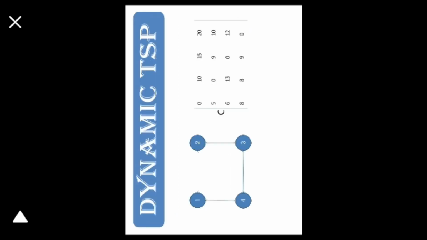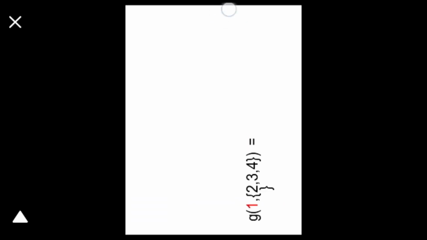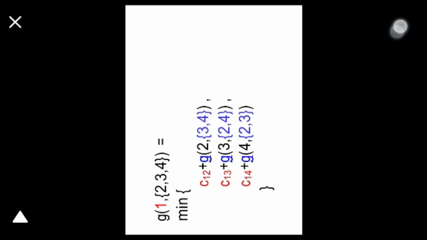So 1 to 2, 2 to 4, 4 to 3 and 3 to 1. If the traveling salesperson follows this path, then he will be covering the cities and completing the tour with the minimum distance, and that minimum distance is 35.